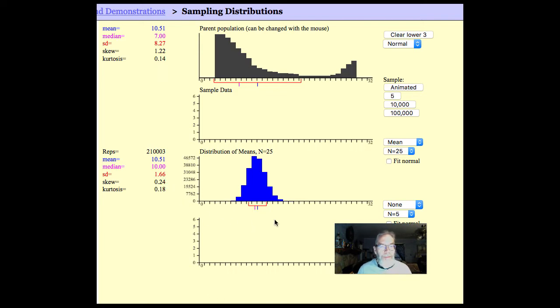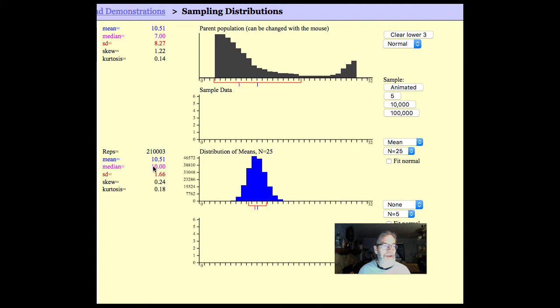All right, so big deal. Why do we care? Why am I spending time on this? Because in reality, we don't know the population. We don't know what it looks like. We don't know the mean. How in the world are we going to do anything? Well, we know that our sample, when we take a single sample, is somewhere in this distribution, right?